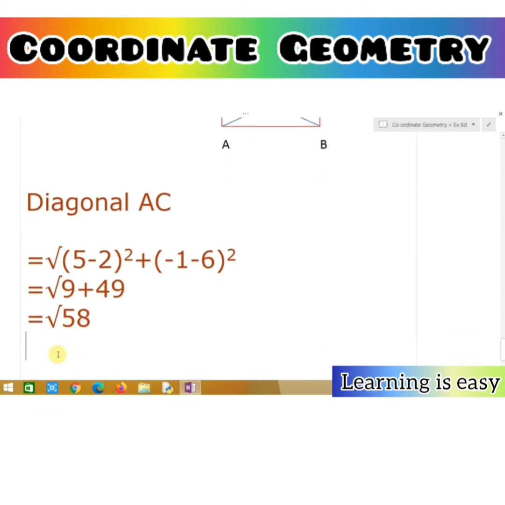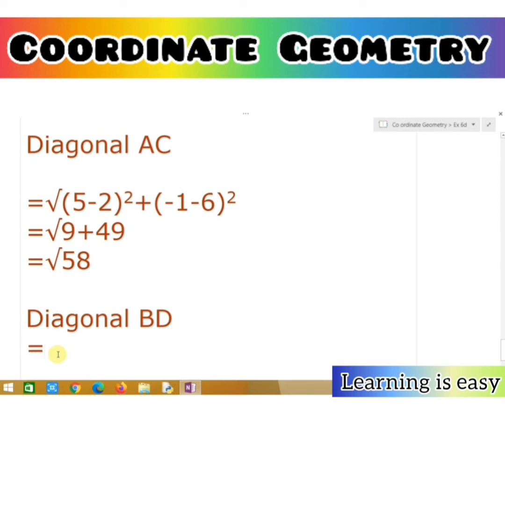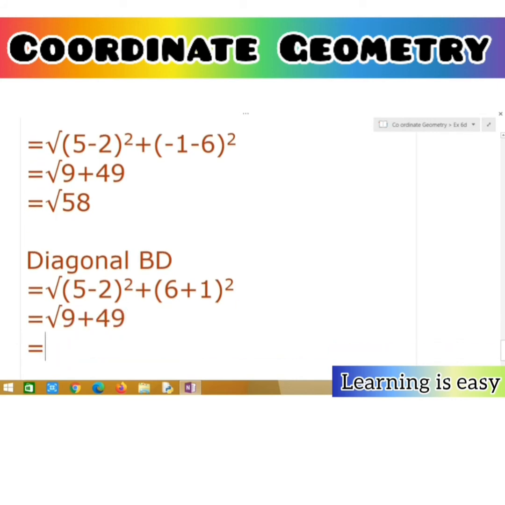Let's see the other diagonal also, BD. If it's the same, that means they are equal. So diagonal BD, again using the distance formula, square root of (5 minus 2) whole square plus (6 plus 1) whole square. So that's again going to be 3 square 9 and 7 square 49, which is going to be square root of 58.